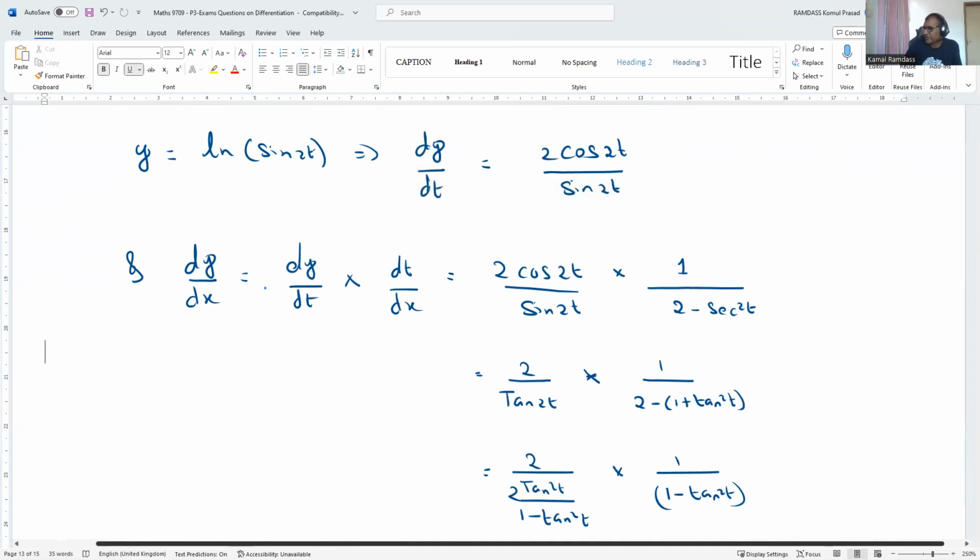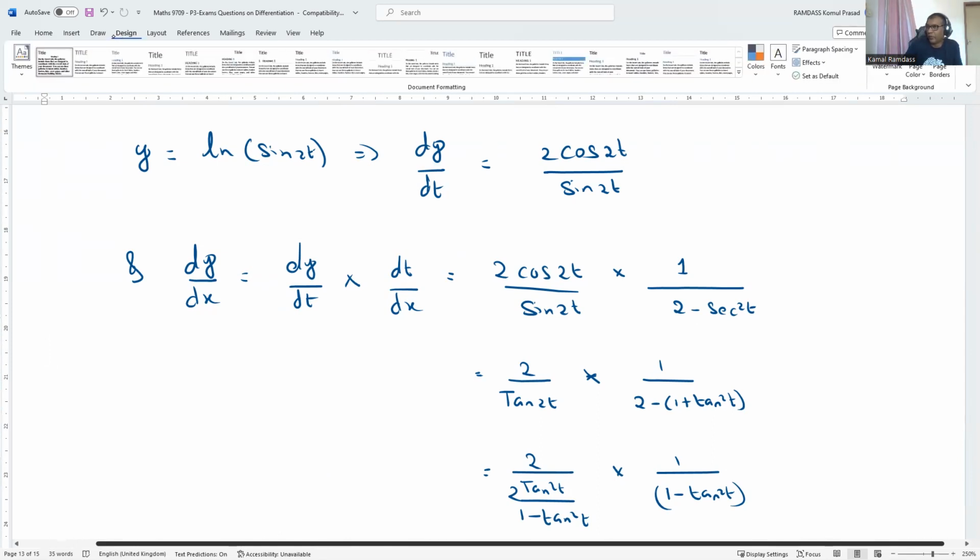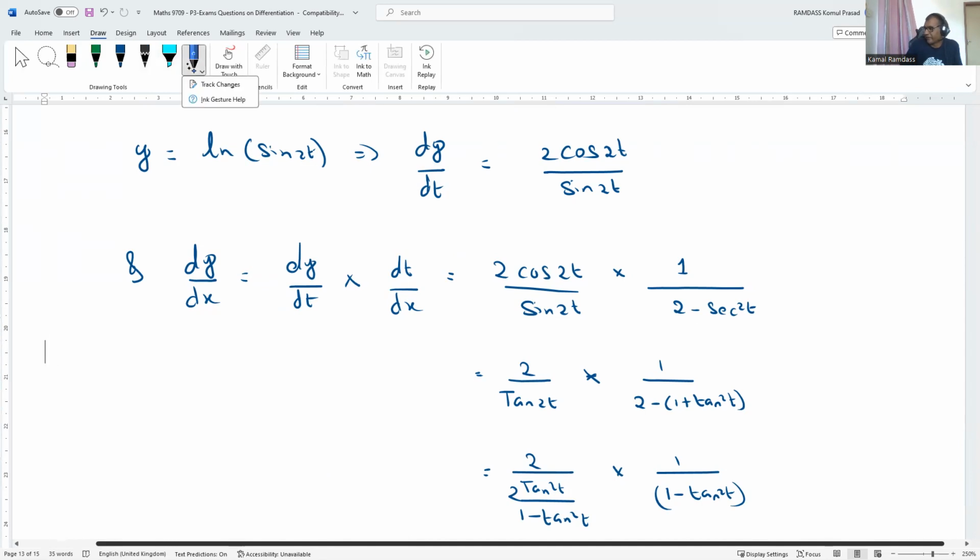Et ça là, c'est l'identity. 1 plus tan square is equal to sec square. Ça veut dire qu'on remplace ça par 1 plus tan square. Ça veut dire 2 minus, en bracket, 1 plus tan square de t.